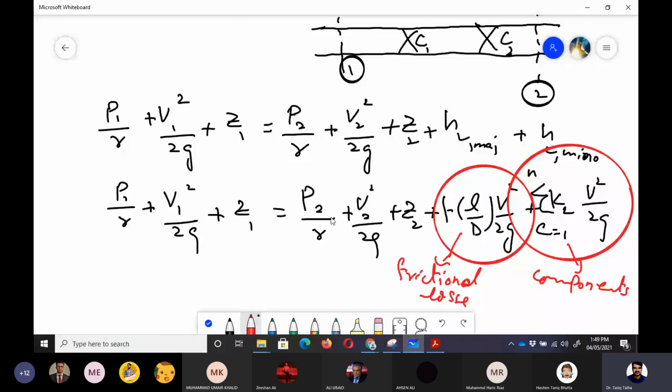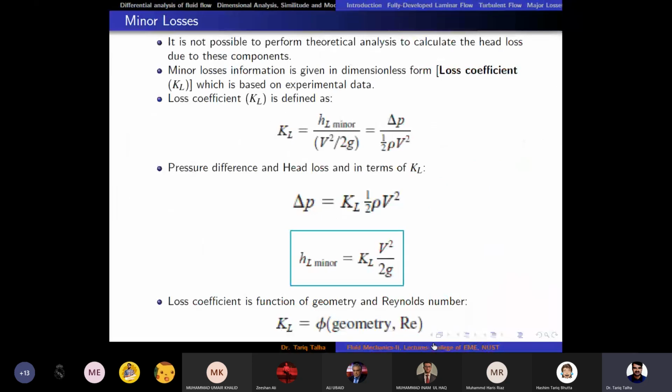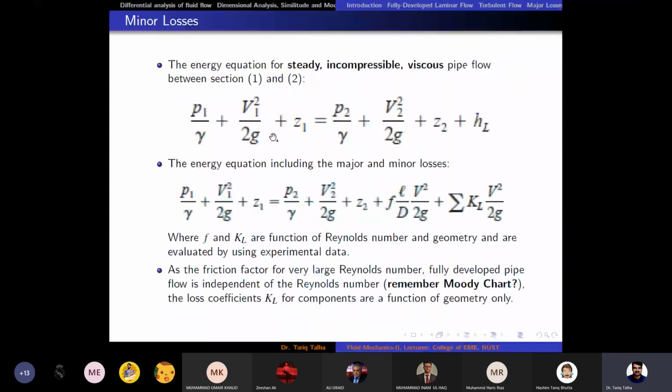If we neglect these two terms, then we are left with the Bernoulli equation, in which there is no friction involved, and we studied that Bernoulli equation in, I think, chapter number 4 in FM1, if I am not wrong, maybe chapter number 3. So that is something we need to incorporate when we talk about viscous flow through some piping system. These are the relations which I have written on the whiteboard.